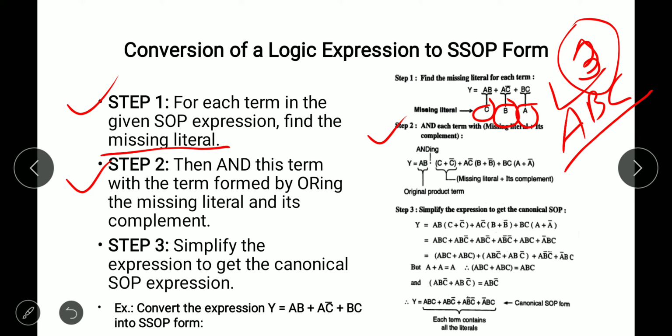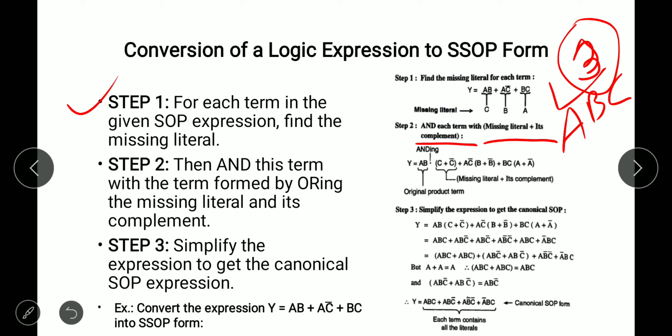So AB is as it is, and the missing literal is c, so we AND it with the missing literal plus its complement.